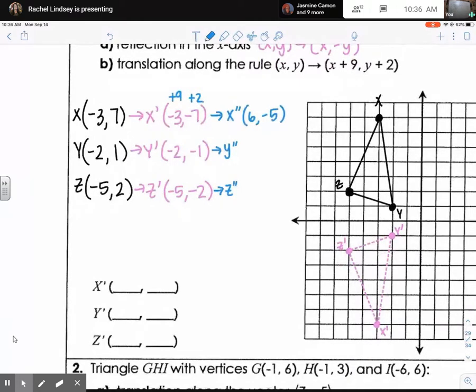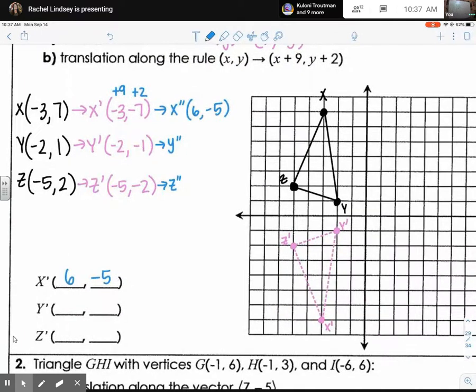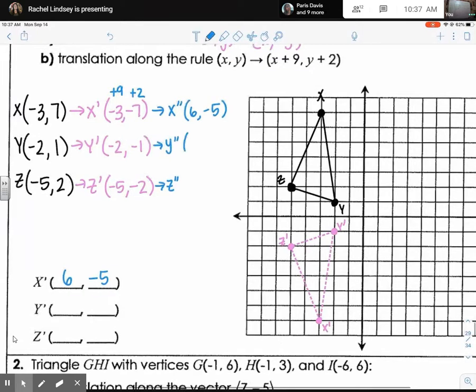And then I'm going to transfer that down to my bottom answer down here and put that in my blank. Then what's -2 plus 9? 7.